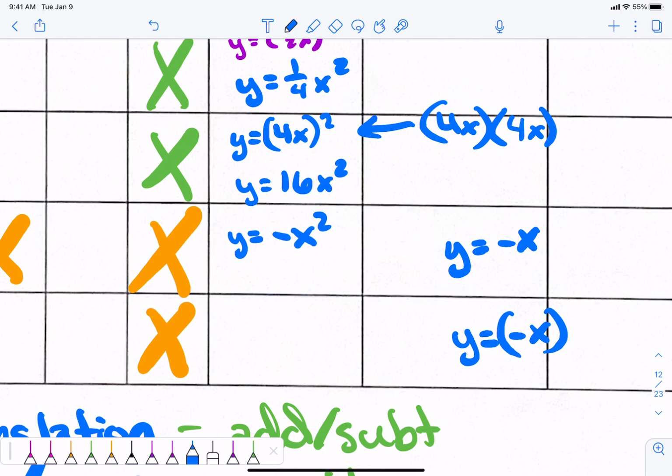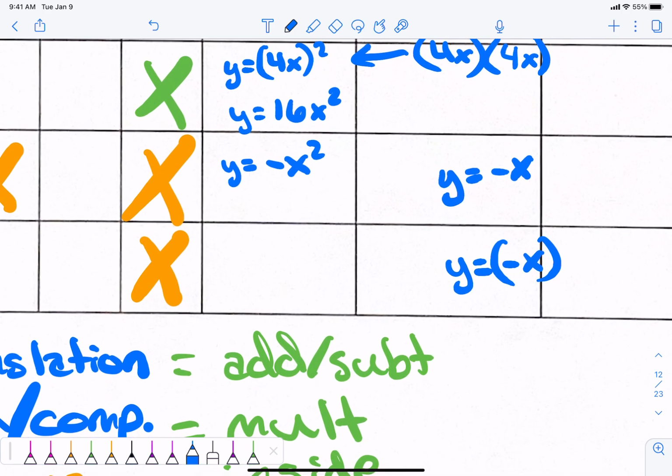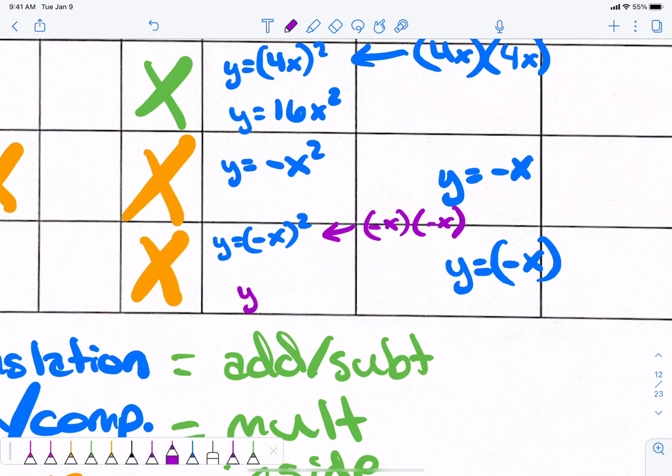Okay, now, this one's kind of fancy. The negative is inside of parentheses for the second one, right? So it looks kind of like this, negative x squared, right? But if we take negative x and square it, it's like negative x times negative x, right? That's what that means. So it's just y equals x squared.